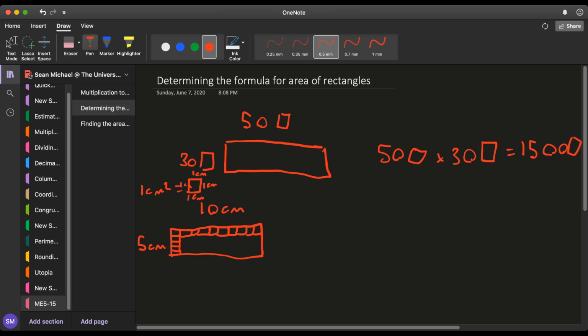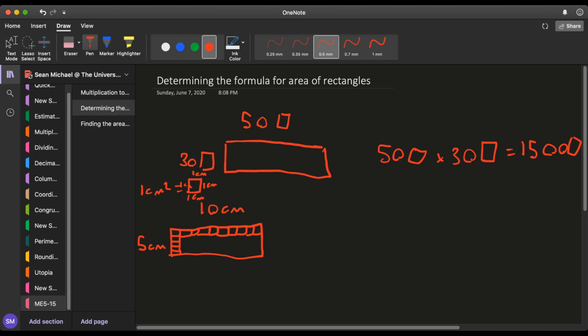And then you can think about how many would fill in the rest. So 5, right? There's 5 centimeters length. So that's just counting the little line at the top. And this is also counting the little line at the side. So these ones are just regular centimeters. They're measuring the length, not the area.